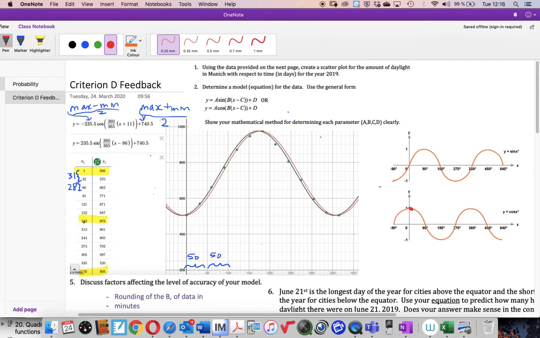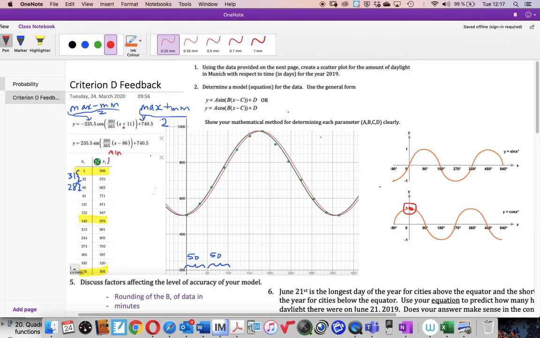And if you notice, 182 is roughly halfway, right? It's about halfway through the year. It's not exact, but I'll get to that in just a moment. Okay, your other option is you see that what you started with is a min. But we know that the cosine value starts at the max. So one of the things that you could have done is just reflected the cosine function.